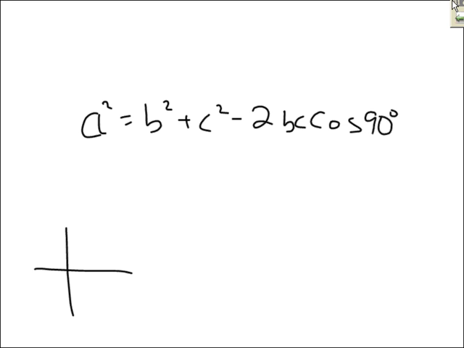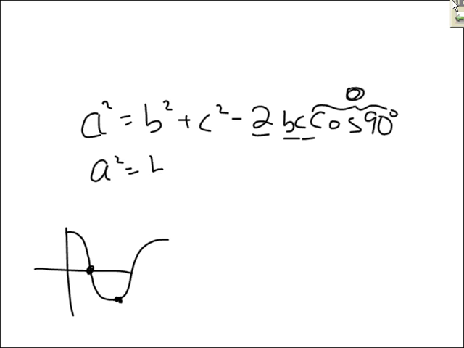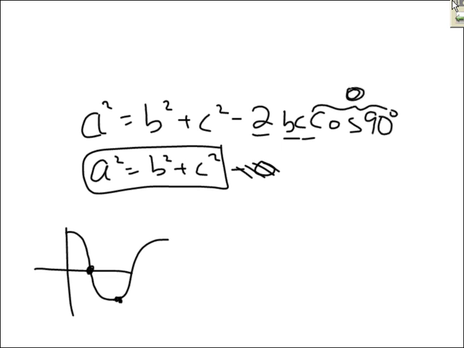The cosine of 90 degrees, well, here's 180, halfway is 90, it's 0. 2 times b times c times 0 is 0. So you get a squared is equal to b squared plus c squared minus 0. Don't even bother taking away the 0. You get the Pythagorean theorem.